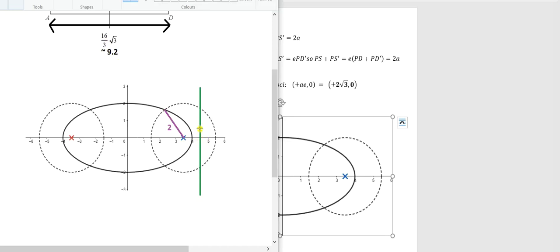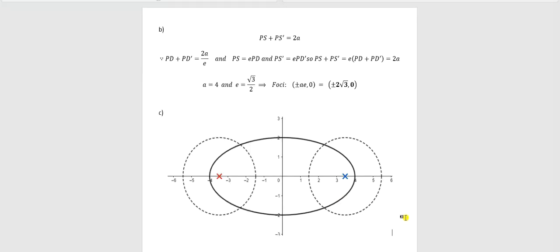We're down here. The distance to that directrix horizontally is actually directly related to the 2 that we've got here. Because remember, the definition of the eccentricity is simply the ratio between the distance to the focus and the distance to the corresponding directrix.